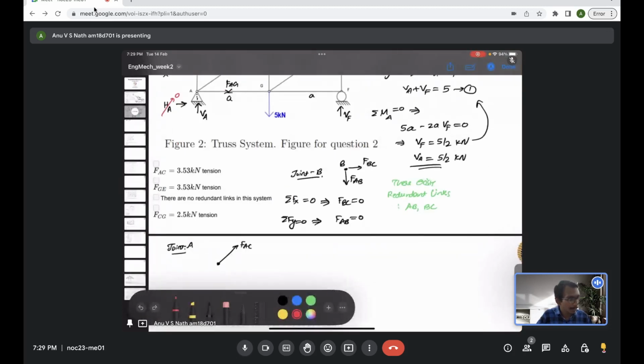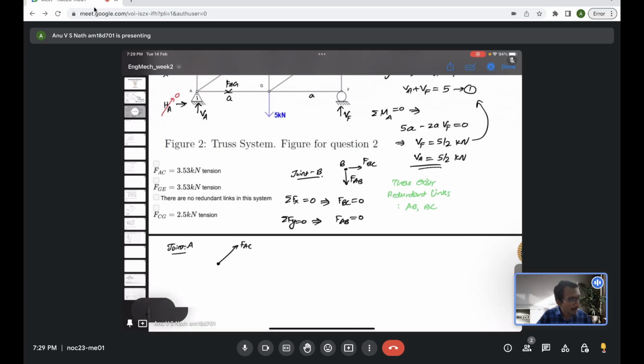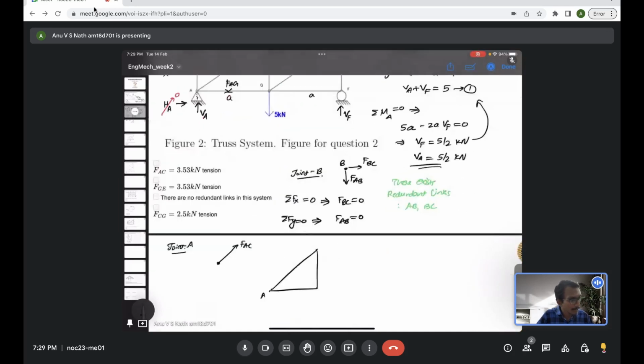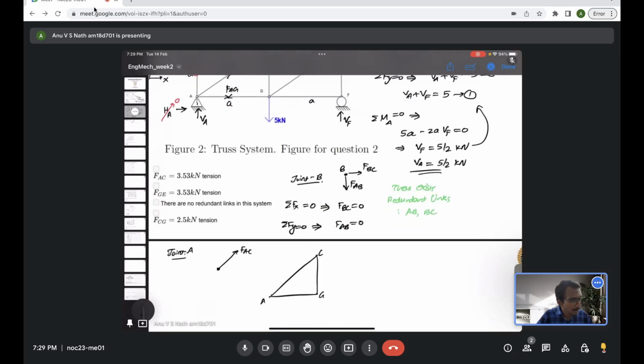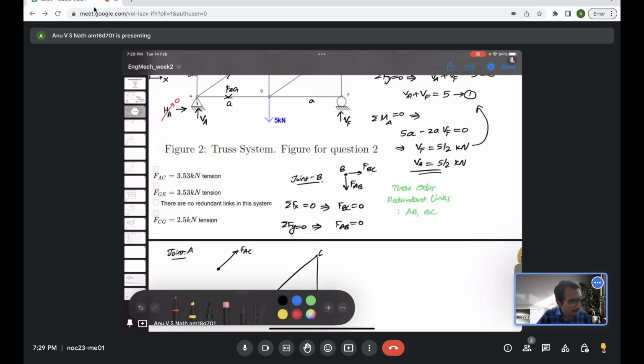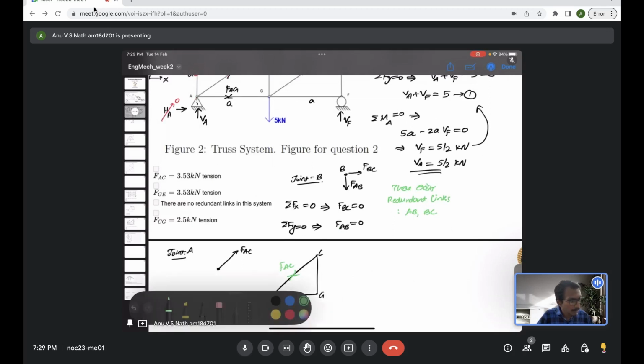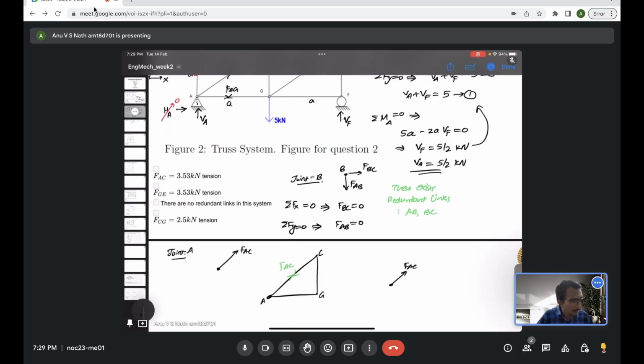Let me clarify. Let's say I had this triangle here, A here, then C here, then G here. If I chose to represent this as FAC, then when I draw the free body diagram at joint A, I should represent FAC like this, and when I take the free body diagram of C, I should represent FAC like this.